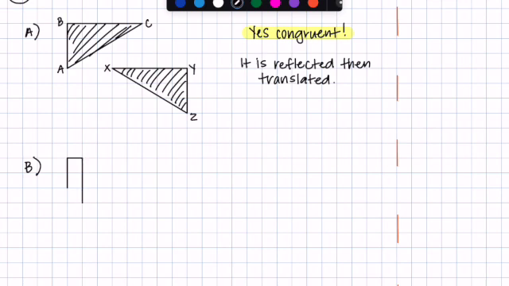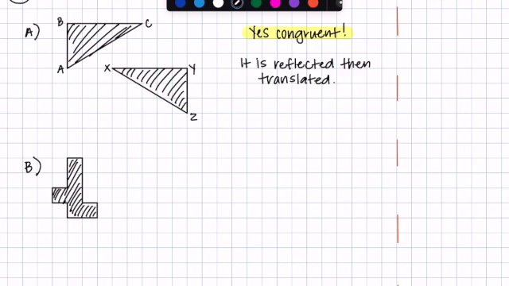This time they look a little different. They're not like a normal shape that we would see. So here's my first shape. You can color it in if you want to.